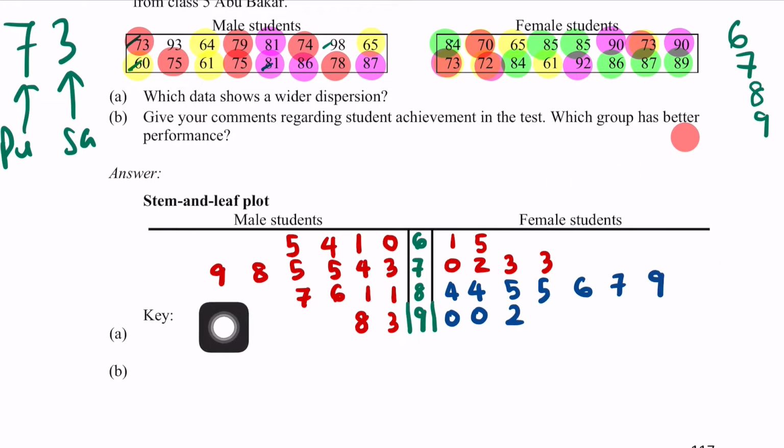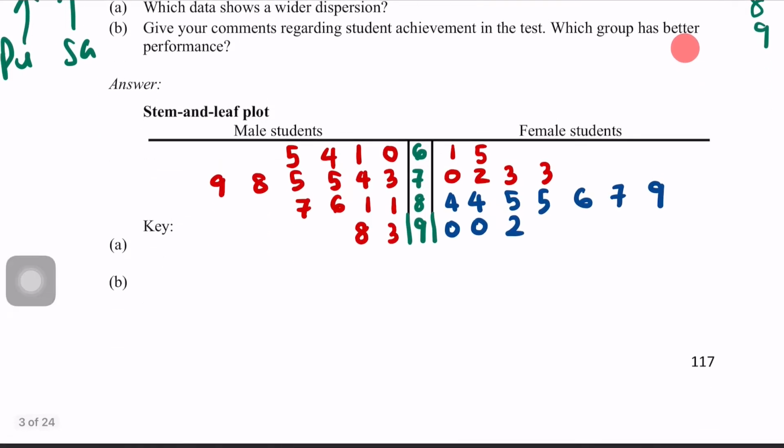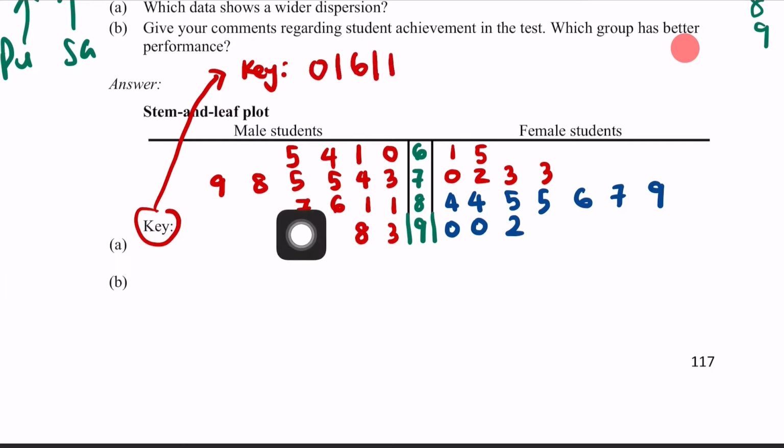Okay, and then for key, macam mana nak tulis? Untuk key we can write it as, ni saya tulis kat atas ni, key, 0, 6, 1. Kita ambil contoh yang pertama ni, 0, 6, 1 kan.